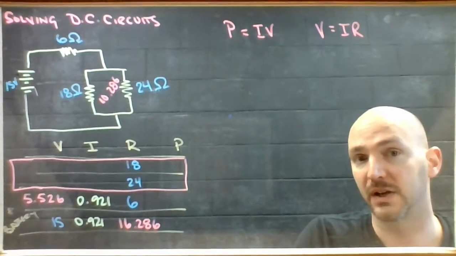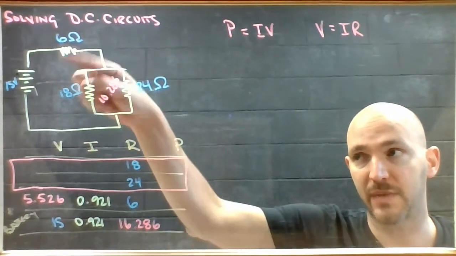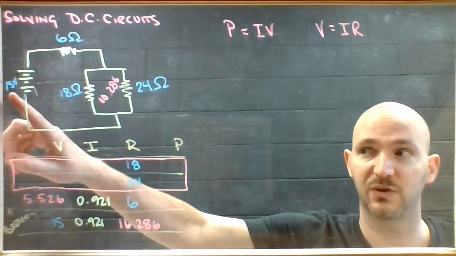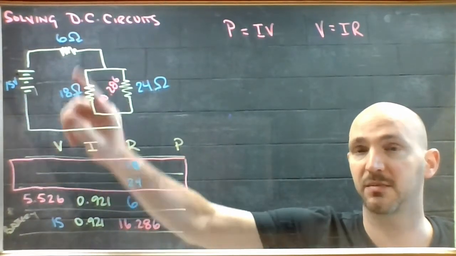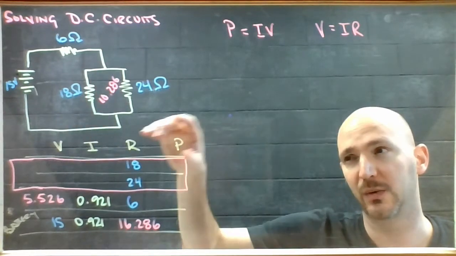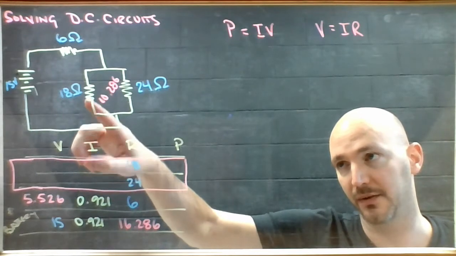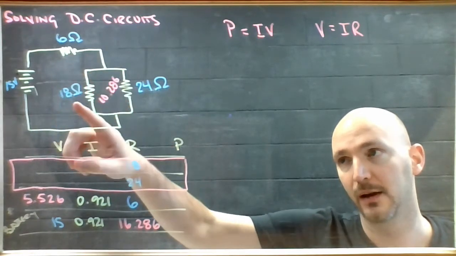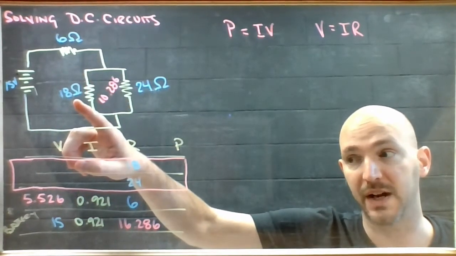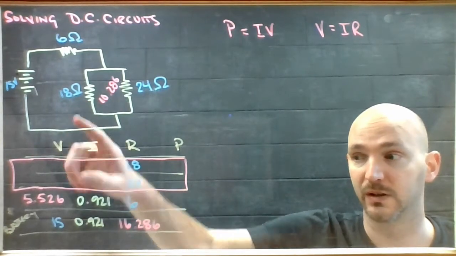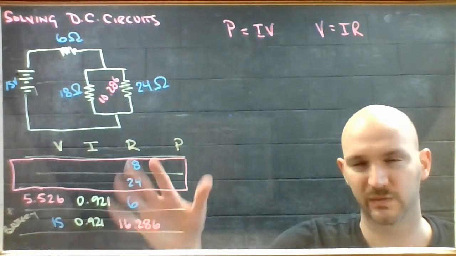Now the trick about a DC circuit is that every pathway has to consume all 15 volts. So it all has to be accounted for. So on this particular branch, down and up and through the 18, this resistor has to bear whatever's left over, which is around 9.5.